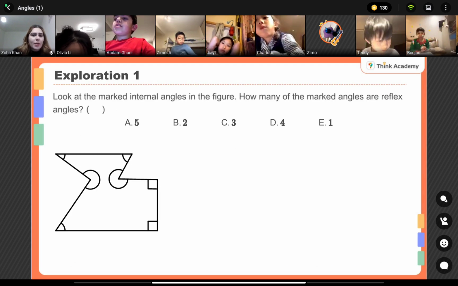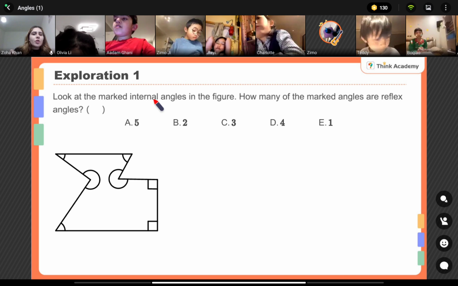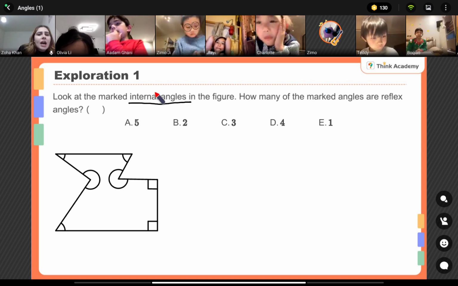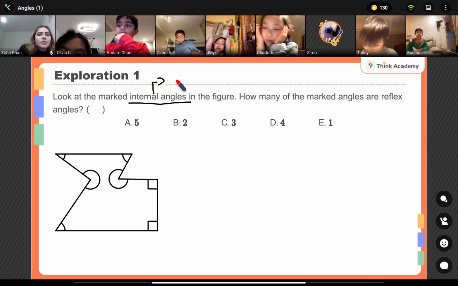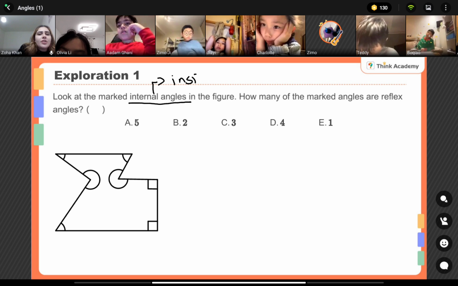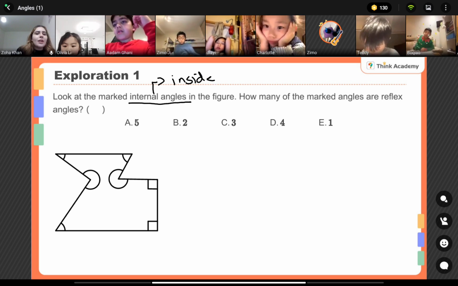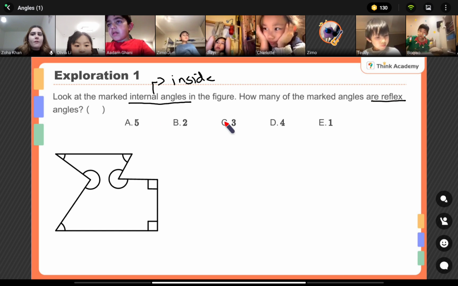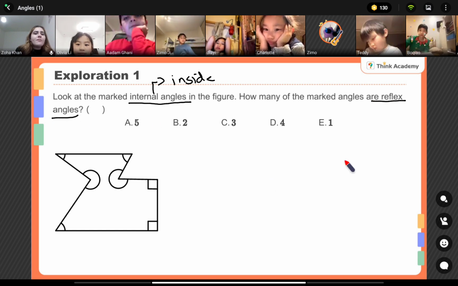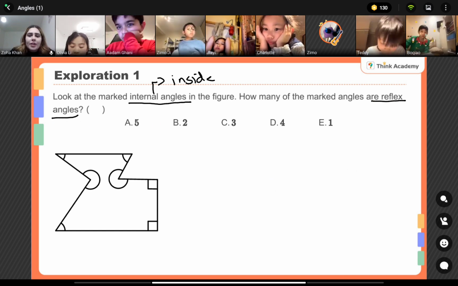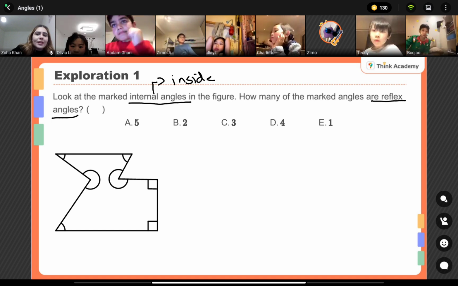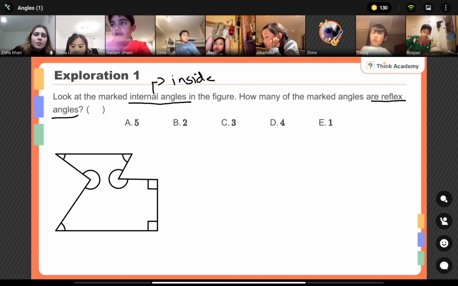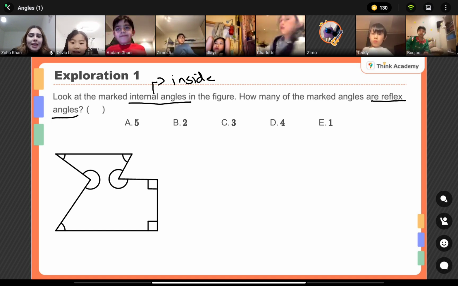Very, very well done. So everyone, now I want you to have a look at the internal angles. The internal angles are just the angles inside the shape. They're the angles inside the shape. And can you let me know how many angles are reflex angles? So how many reflex angles do we have over here? You've got 1 minute, and for this question, you're all going to be getting 60 coins. Have a go, everyone.